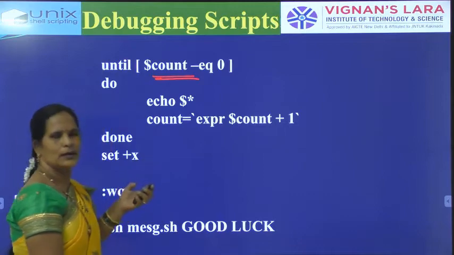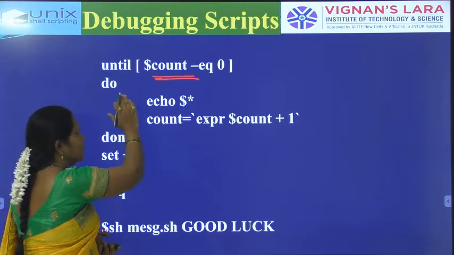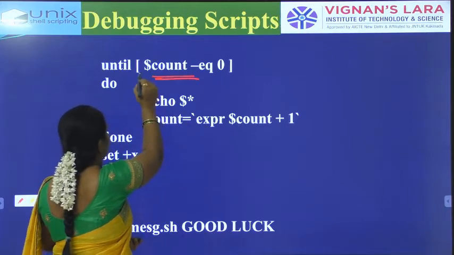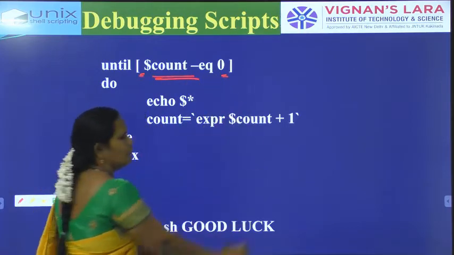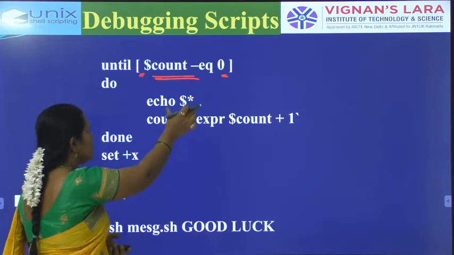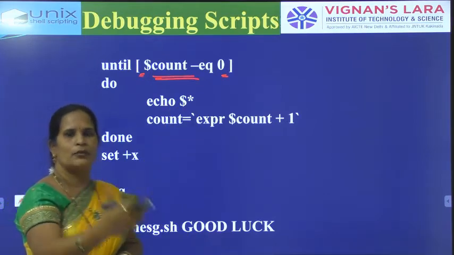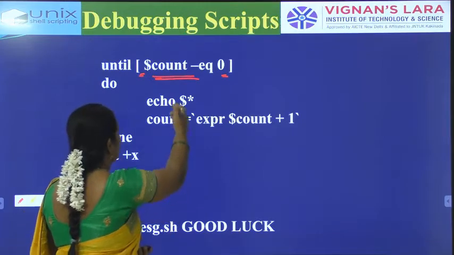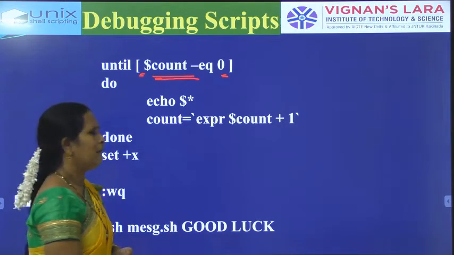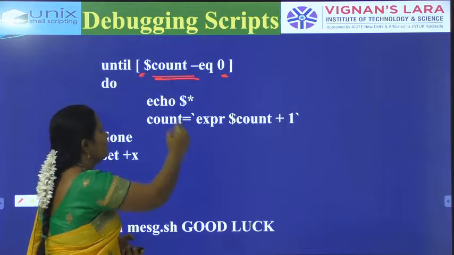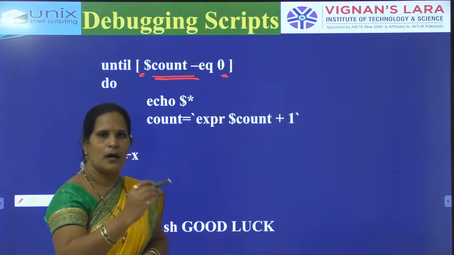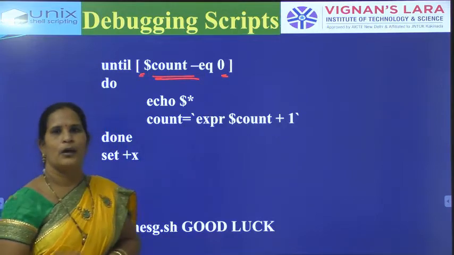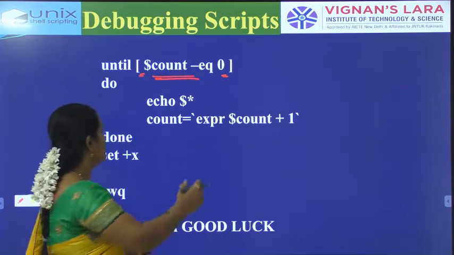Here I used the until loop: until followed by one space followed by a square bracket. Within the square brackets also, at the beginning and end we have to specify one space, and in between these 2 spaces we specify the conditional expression. Here I want to get the value of the count variable, so this variable should be preceded by the dollar symbol: $count followed by the relational operator equal to, -eq space 0.